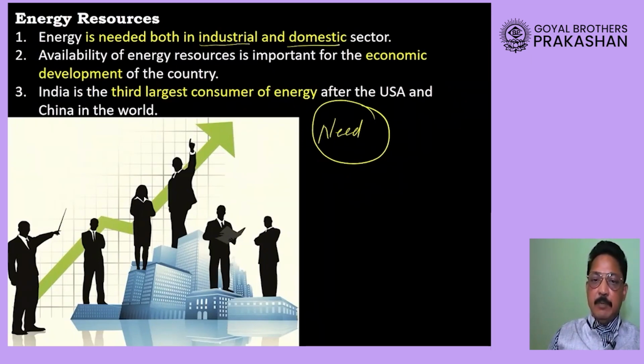Please remember, the more energy present in a country, the more industrial development. The more industrial development, the more economic development. That means more money a country can earn. These energy resources are extremely needed in the overall development of our country.